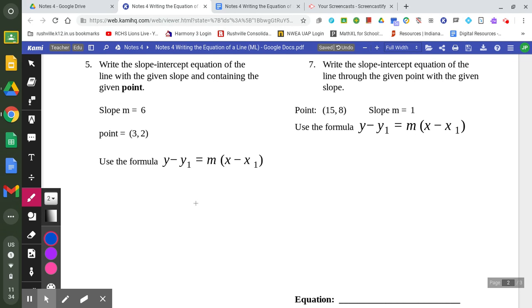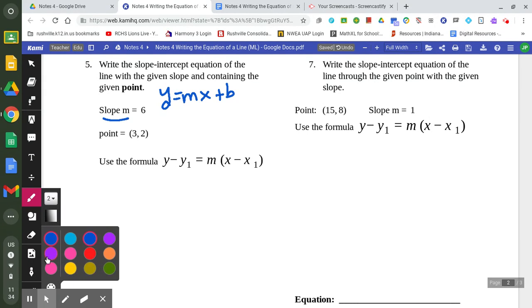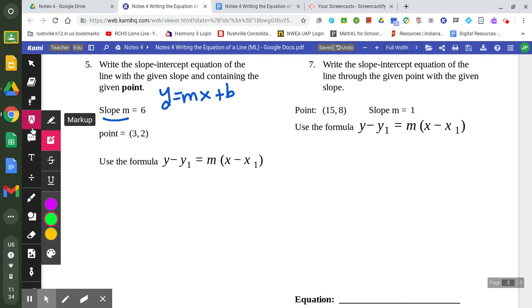On number 5, we're still using the y equals mx plus b format. We are given the slope, but we're not given the y-intercept. We're given a point, but it is not the y-intercept. So we're going to use what's called the point slope formula, which is this.